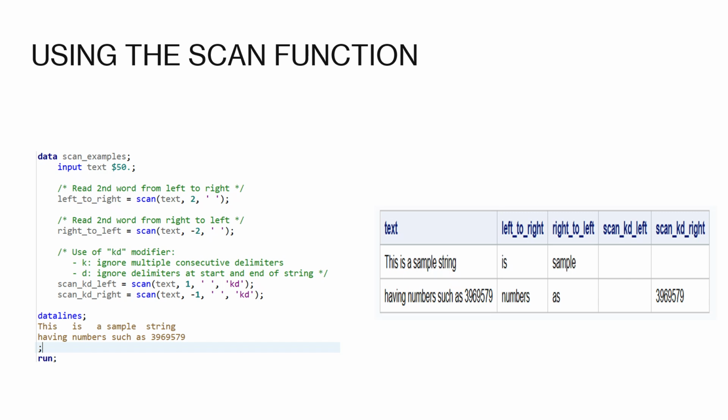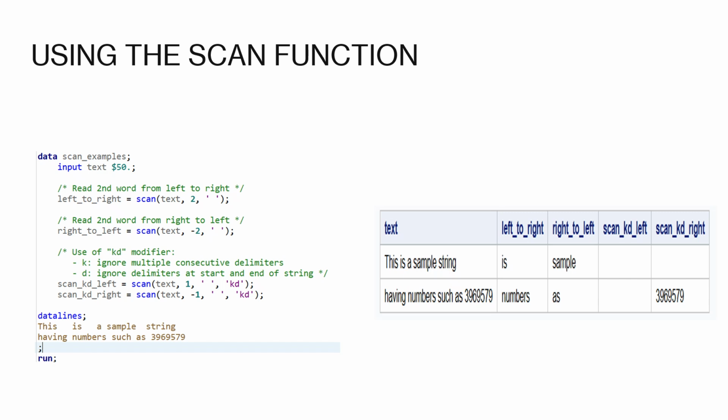But since we have applied a modifier kd, which means that from the extracted string we only want to keep the digits, although it is extracting the value as having, since that string does not have any digit values, the scan_kd_left variable is populated as missing.